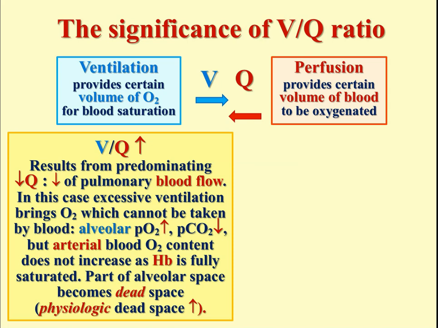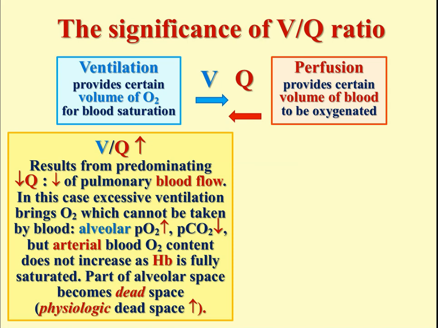So as a result, part of alveolar space becomes ventilated uselessly, and this becomes a physiologic dead space. You remember that normally physiologic dead space does not differ much from anatomic, because in alveoli we don't have great amount of unused alveoli.